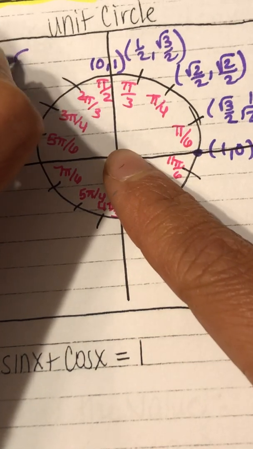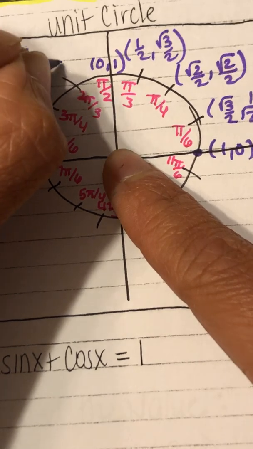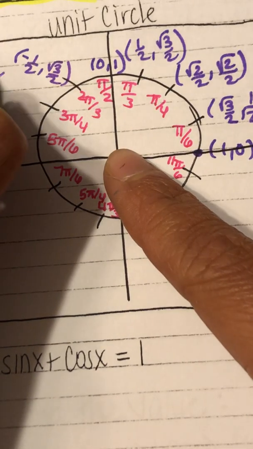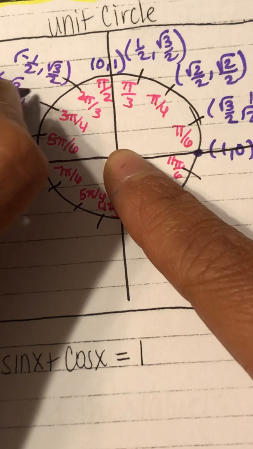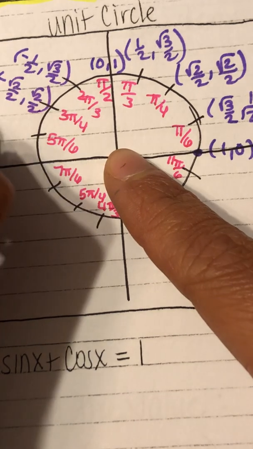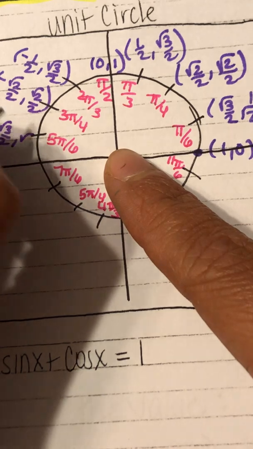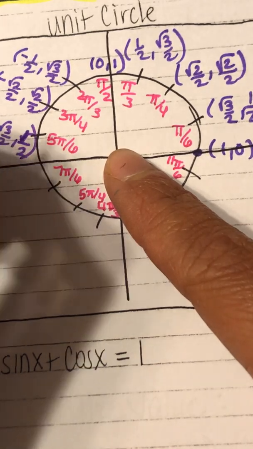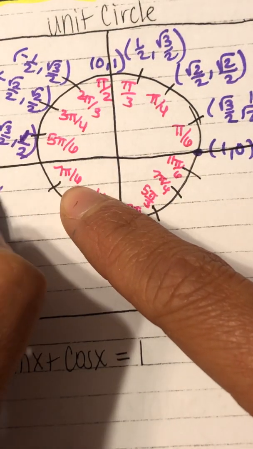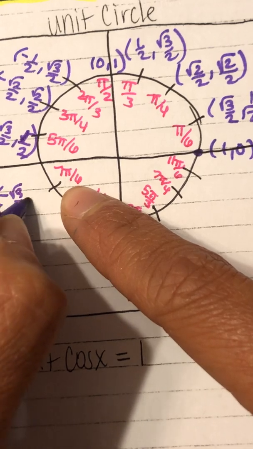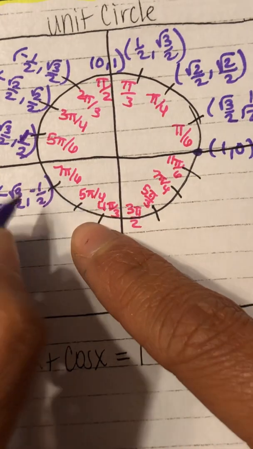Anyways, so this is negative 1/2, square root of 3 over 2, negative square root of 2 over 2, square root of 2 over 2, negative square root of 3 over 2, 1/2. This one, both are negative, so negative square root of 3 over 2, negative 1/2.